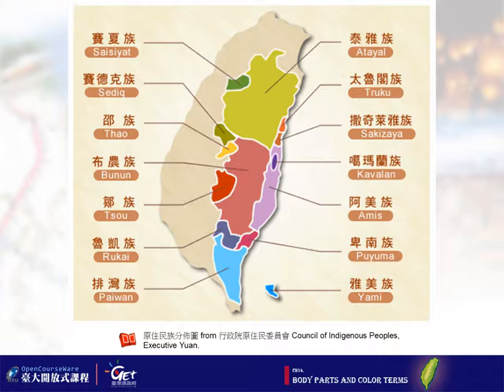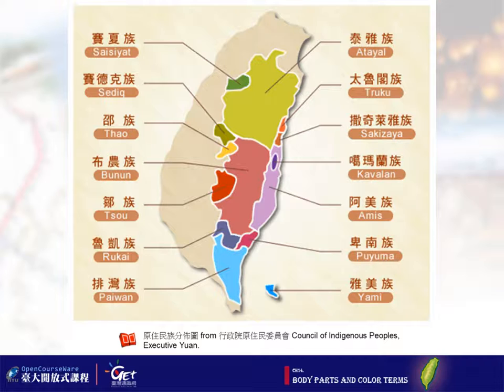From here is Saisiyat in about the Miaoli area, and Sediq, a very famous group now. The movie was made about that area. And Thao, close to the Sun Moon Lake area, and Bunun, Tsou, Rukai, Atayal, Truku, Sakizaya, Kavalan, Amis, Puyuma, and Yami.